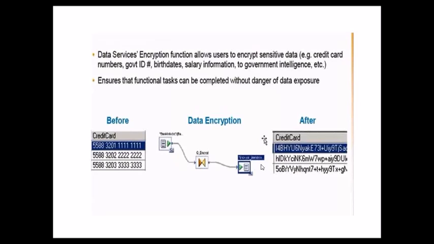Here I have the credit card data. By using the encryption functions, I am simply encrypting the credit card information into this particular form. If it is shared across, no one can identify that this information is credit card information. So whatever encryption techniques I have been using at an authorized user level, we'll be giving the way to decrypt this to see the original data.